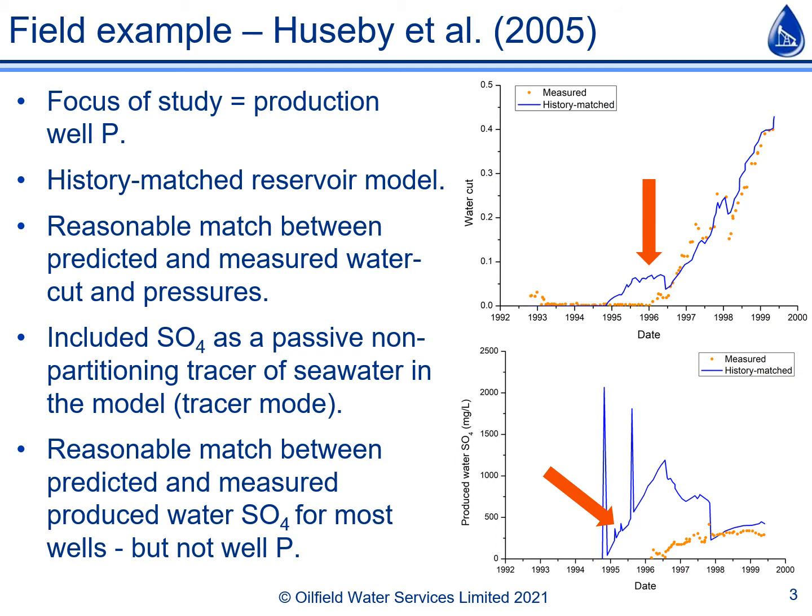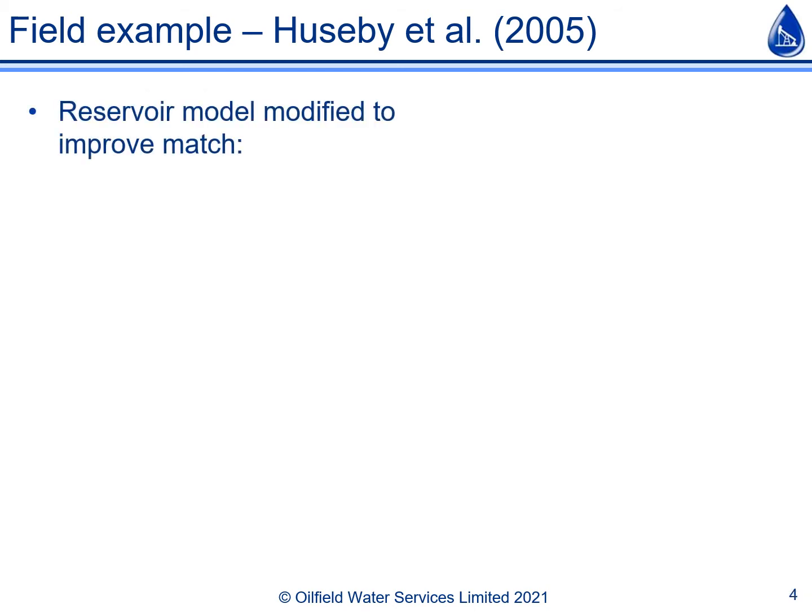So the model was predicting much earlier and more significant seawater breakthrough than was actually being observed. So they needed to modify the reservoir model to prevent early water breakthrough and early seawater breakthrough in well P. This would improve the match between the predicted and measured water cut and produced water sulfate concentrations for this well.